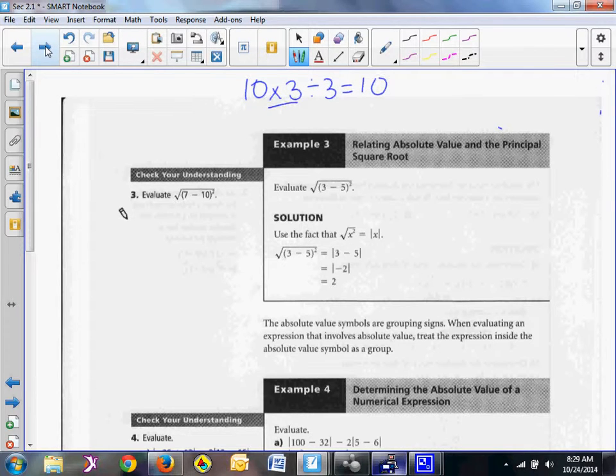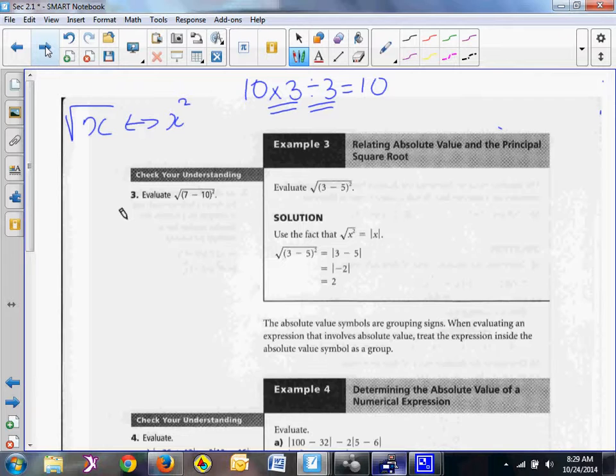Because multiplying and dividing are opposite operations. We're also going to see that taking the square root and then squaring are also opposite operations.